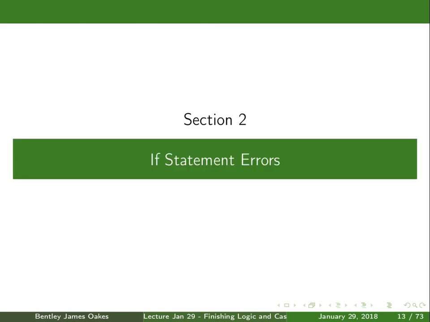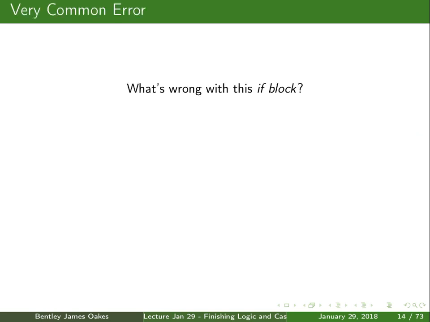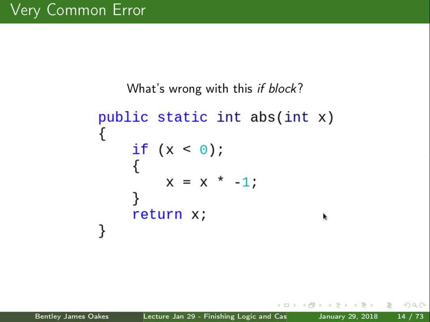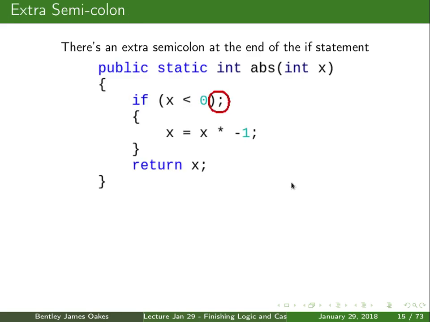Okay, let's talk about if statement errors. A few common questions I get. So what's wrong with this if block? If I have something like this, I already said to you, it's that darn semicolon, which I accidentally left in my slides. And why is this a problem?